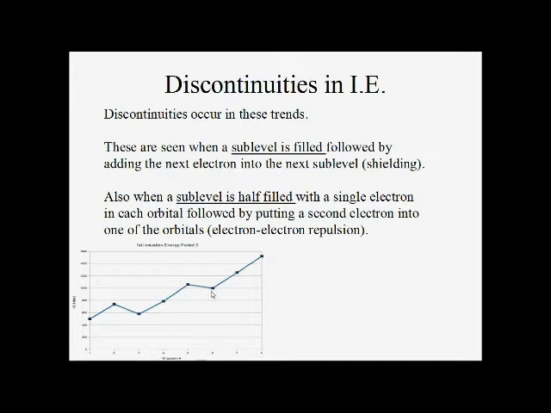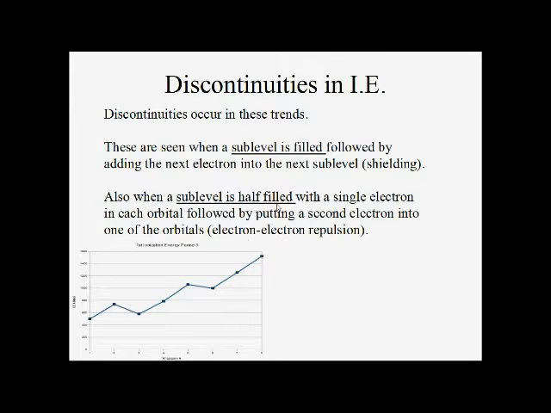And then the next electron is the first electron that is now spin paired, doubled up in one orbital. So we have a little electron-electron repulsion going on when we pair up our electrons in an orbital.